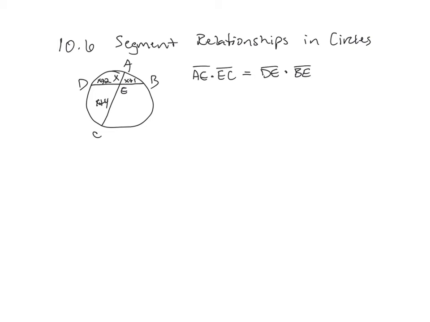So we have, let's do it in order, AE is x, and EC is x plus 4, and DE is x plus 2, and BE is x plus 1.